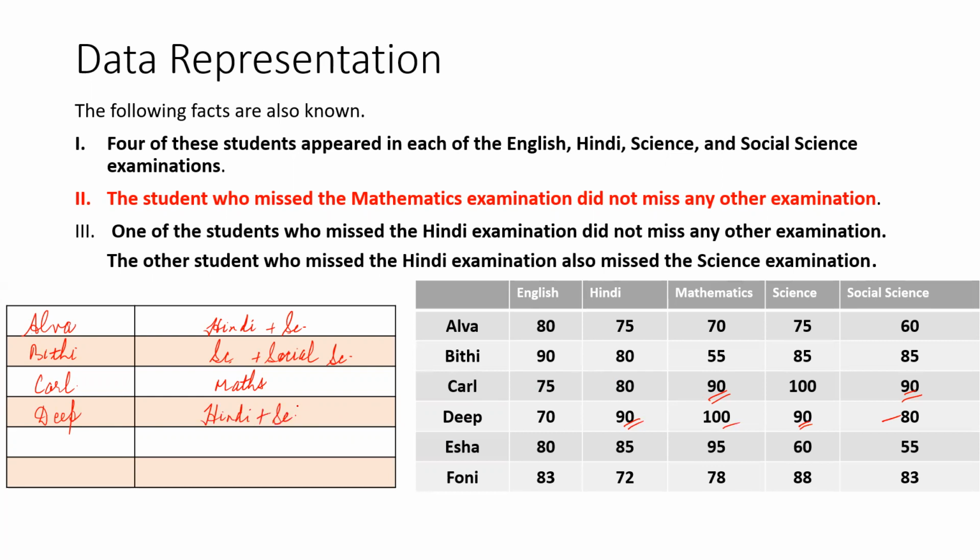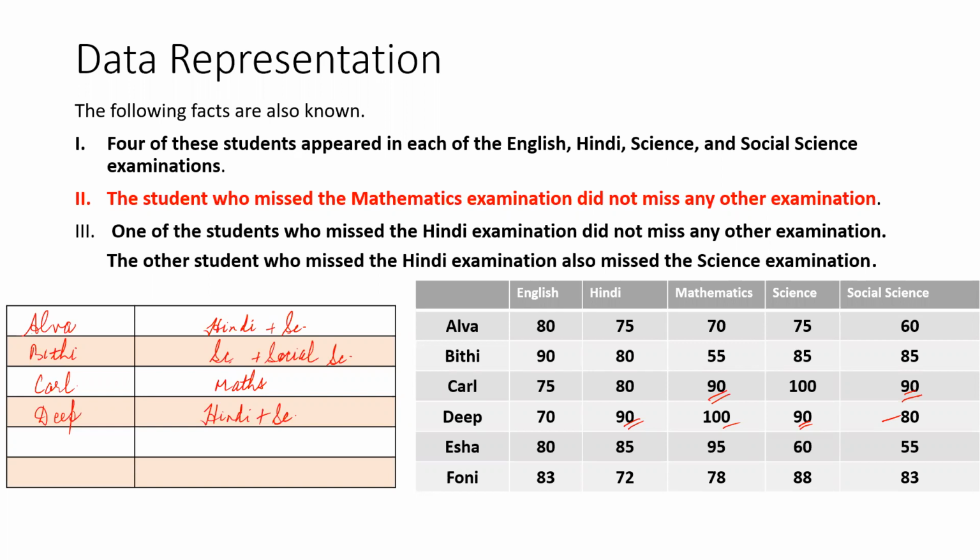So now, when we are looking at Deep and ALVA together, one of the students missed the Hindi examination. It could be ALVA, it could be Deep as well. Secondly, which of the students missed the Hindi or the Science examination? It could be ALVA or Deep again.